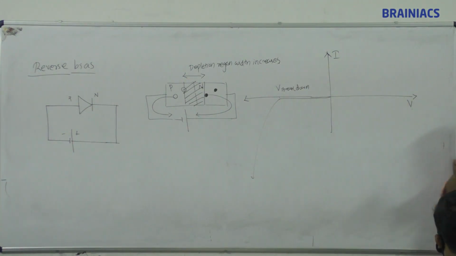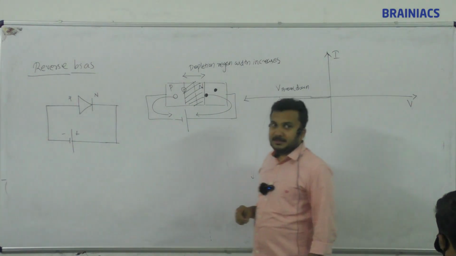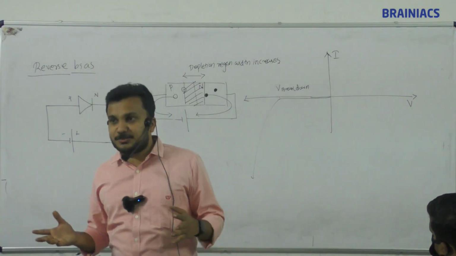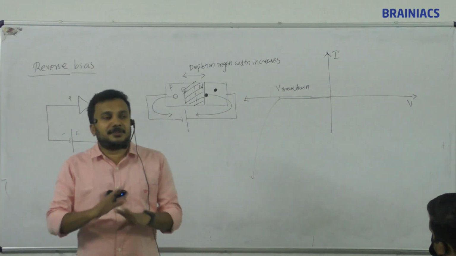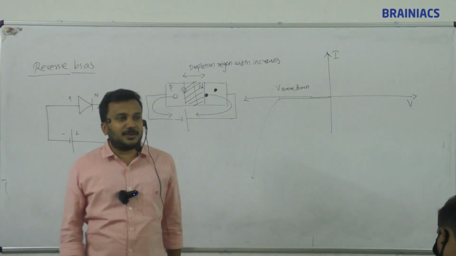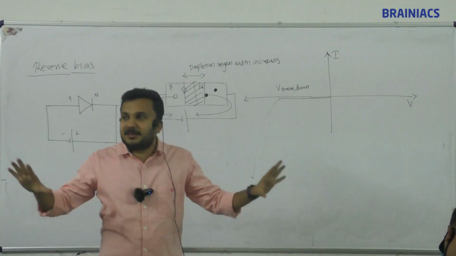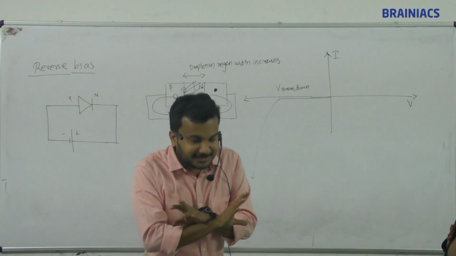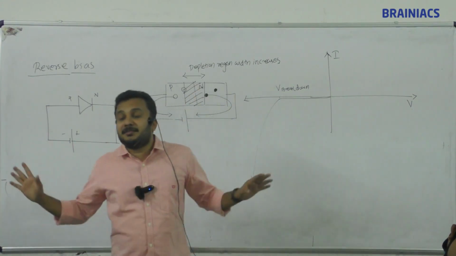So at the stage of breakdown voltage, what is the size of the depletion region? The depletion region is fully occupied. The diode says beyond that it cannot grow. After that the diode is completely destroyed, meaning the chemical structure will change. All the bonds are broken. Its nature itself will be changed. It behaves like a conductor.